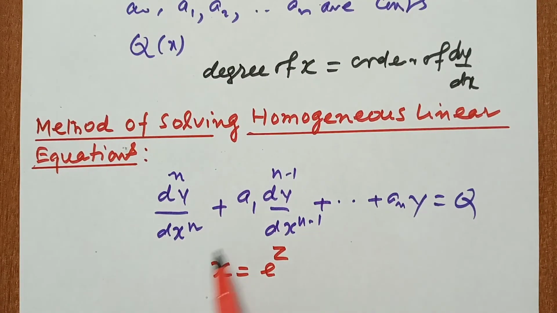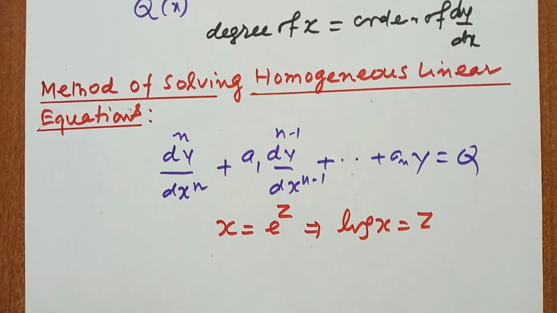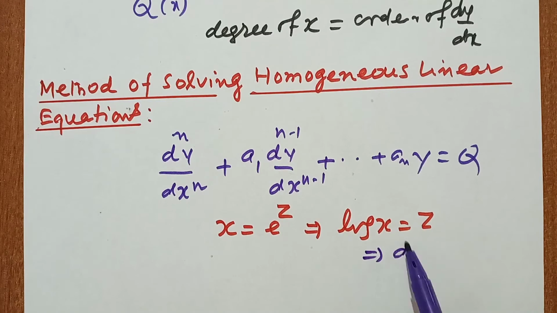Here x is the independent variable, and now by changing, z is the independent variable; in place of x it should be z. This implies log x = z. So in this case, what is dy/dx? First we calculate dz/dx. dz/dx is equal to 1/x.